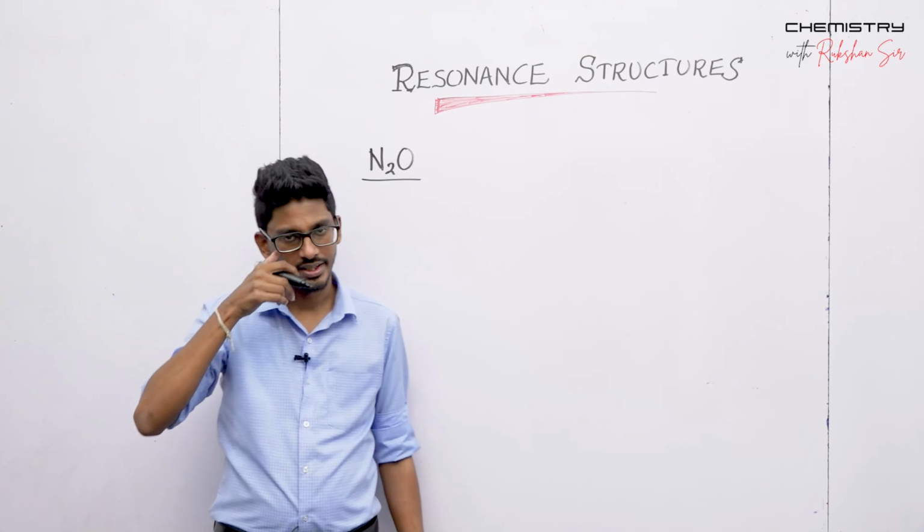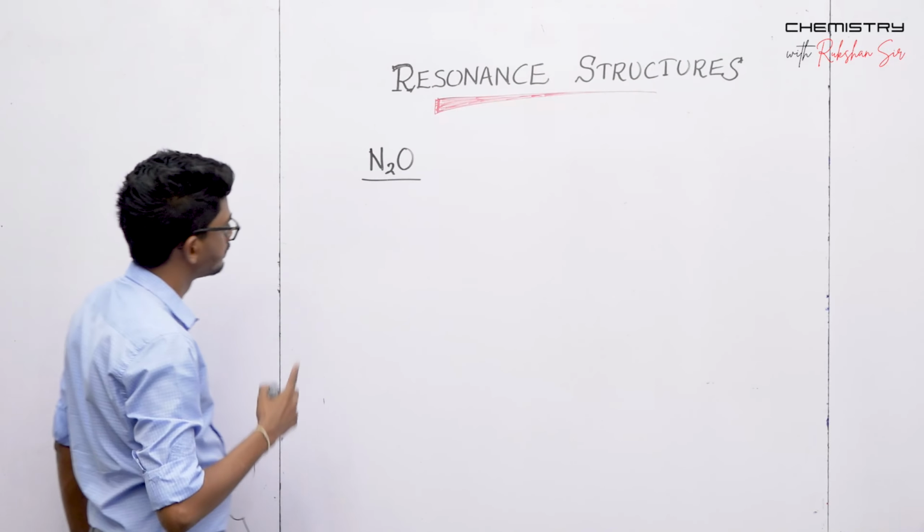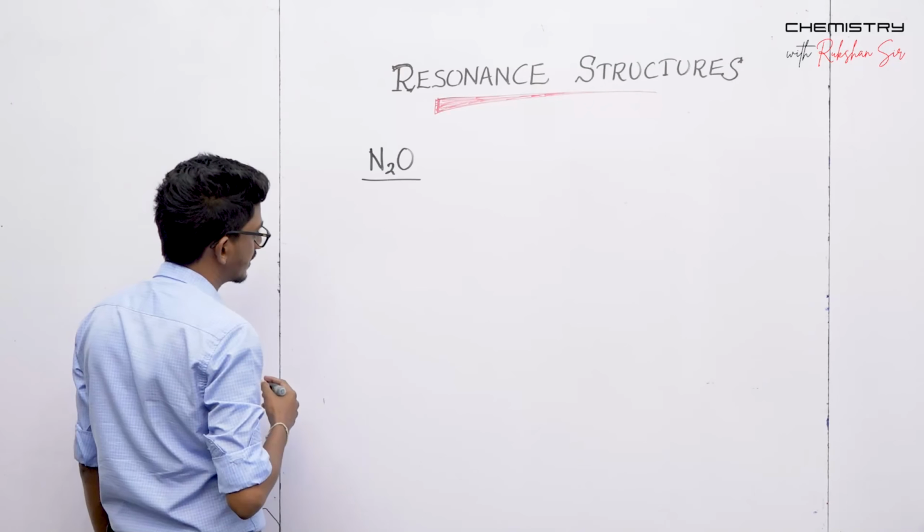So let's do the working and come up with the N2O Lewis structure, and then we can get a clear idea of what resonance means.